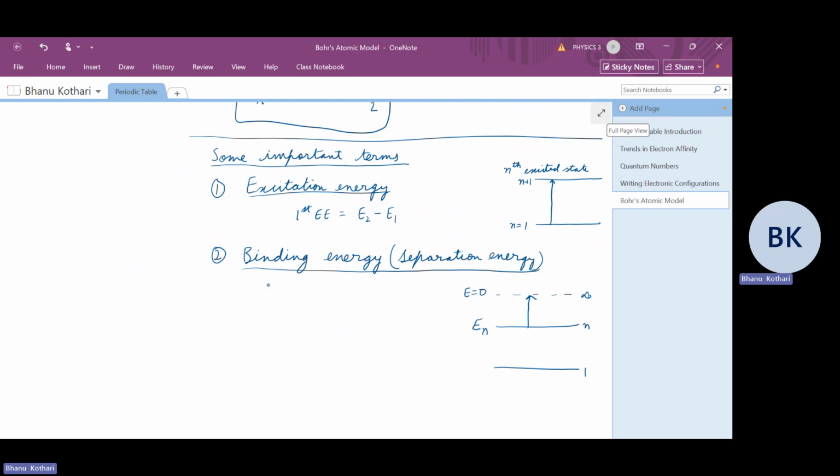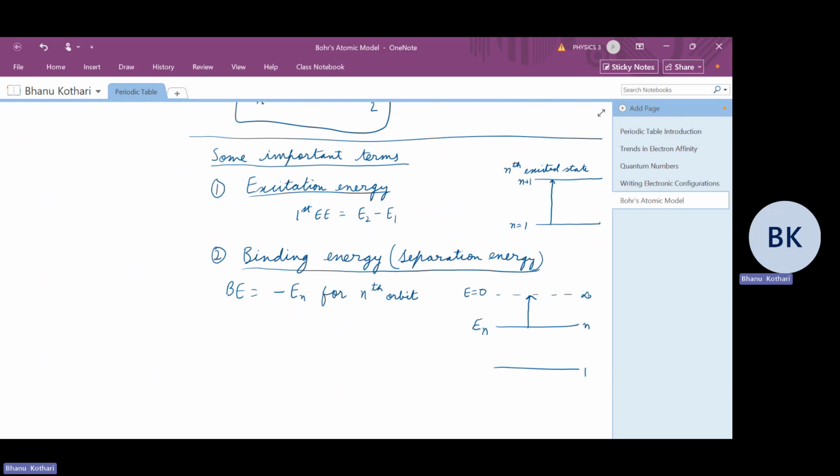So binding energy can be written as minus of En. Separation energy also has a similar definition, but it is defined with respect to the excited state.